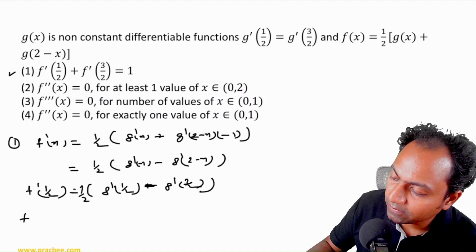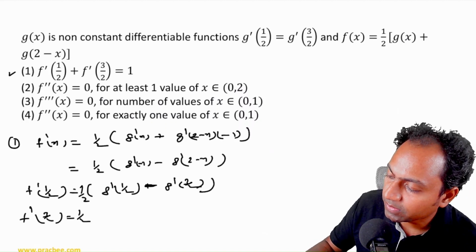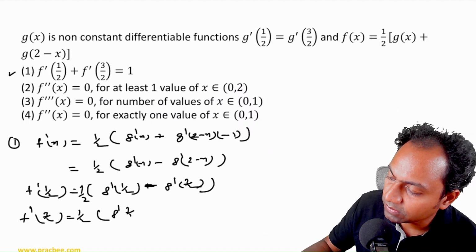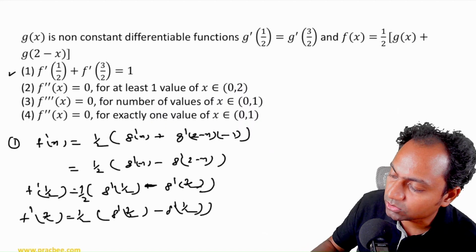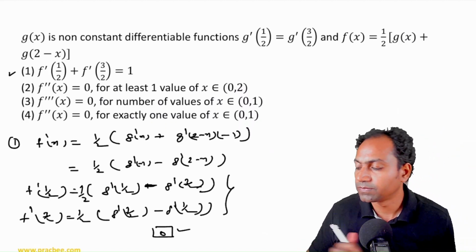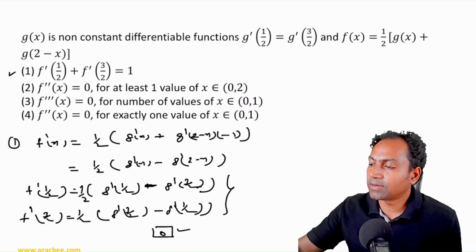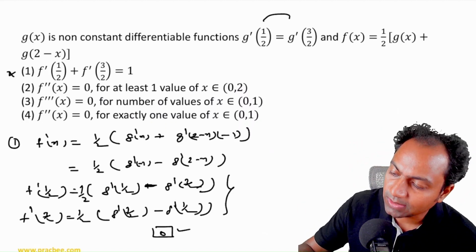And if I take f dash of 3 by 2, it will become 1 by 2 g dash of 3 by 2 minus g dash of 1 by 2. Now if I add these two, you can see that they will cancel out and come out to 0. And also it is given that both of these values are equal. So again, another reason to be 0. So this first option is incorrect.